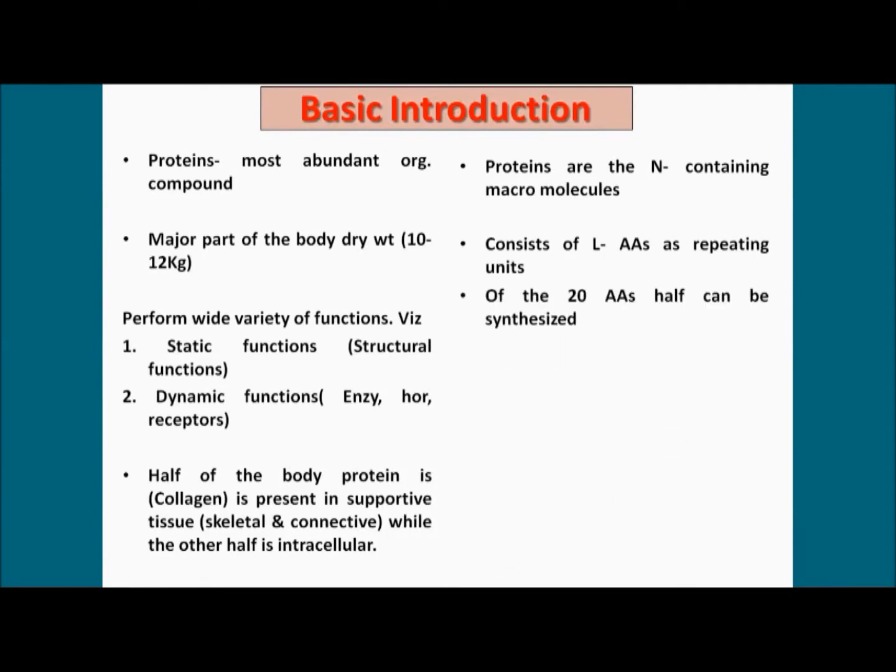The next thing is that out of these 20 amino acids, half can be synthesized in our body, right? And these amino acids are divided into two parts: the essential as well as the non-essential amino acids.